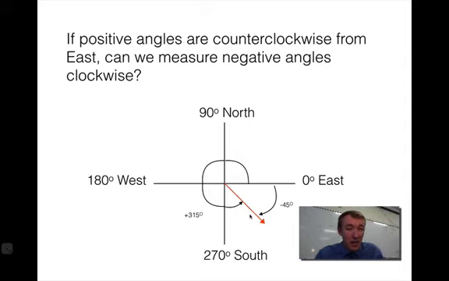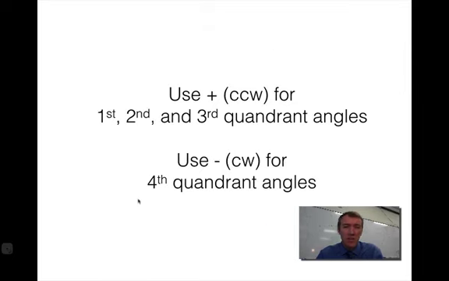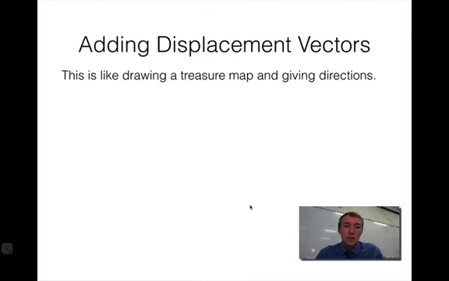That's the same as negative 45 degrees if we're going from the bottom here. Remember, full circle is 360 degrees. As a rule of thumb, if it's in the first, second, or third quadrant, typically we'll use positive degrees, and that'll be counterclockwise. If it's in the fourth quadrant, you might use negative degrees, either counterclockwise or clockwise.